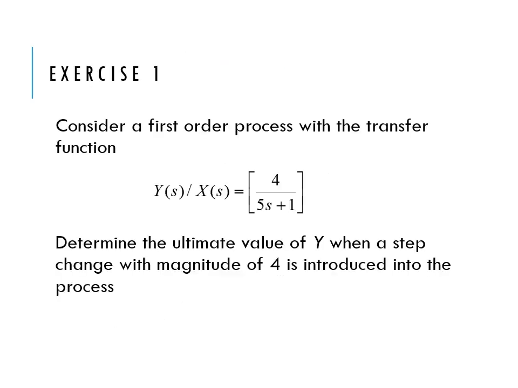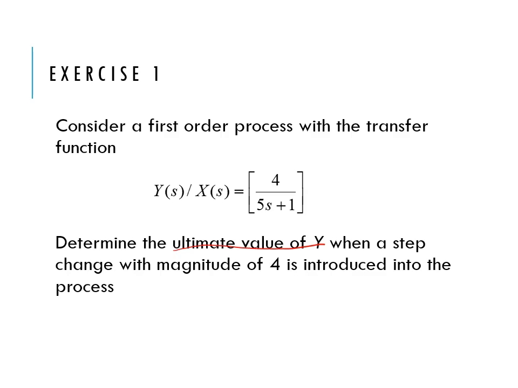For exercise 1, consider a first order process with the transfer function Y(s) over X(s) equal to 4 divided by (5s plus 1). Determine the ultimate value of y when a step change with magnitude of 4 is introduced into the process.